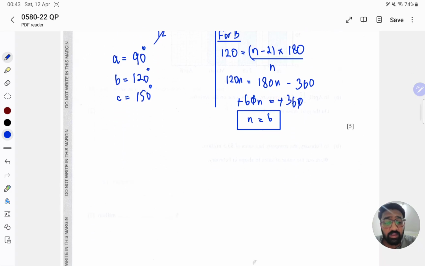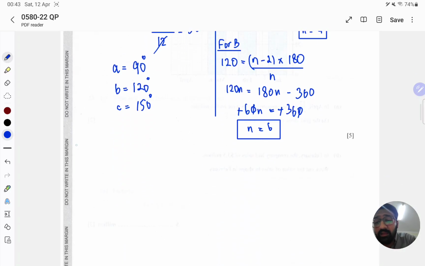We need to find out the number of sides for C as well. For C, the interior angle is 150, which equals (n minus 2) multiplied by 180 divided by n.